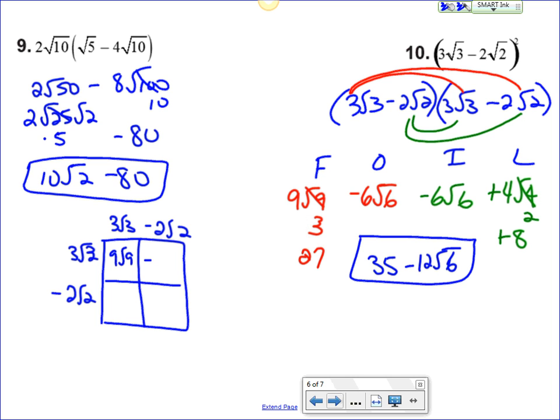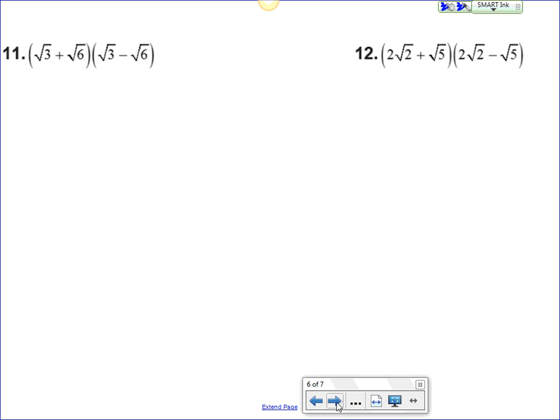This would be a negative 6 root 6. This would be another negative 6 root 6. And this would be a positive 4 root 4. And again, these would simplify. This would simplify to 8. This would simplify to 27. If you combine your like terms, we end up with the same exact answer. Okay, so again, it's just personal preference on how you want to work with them.